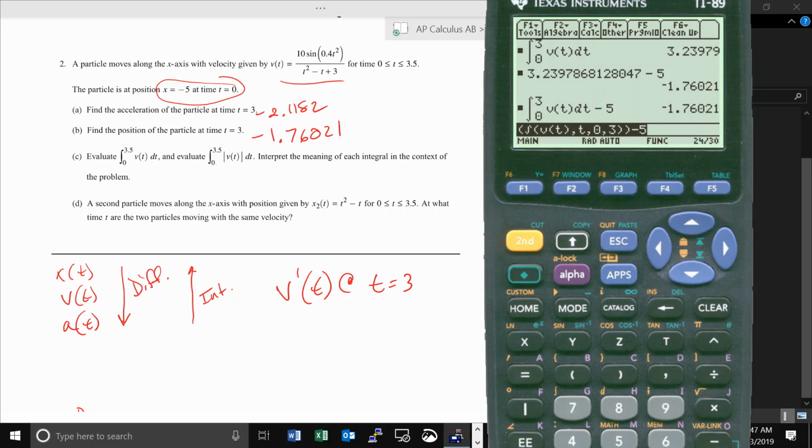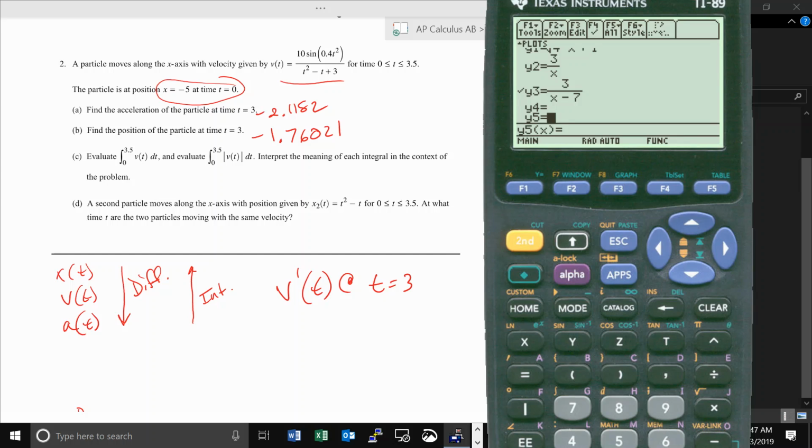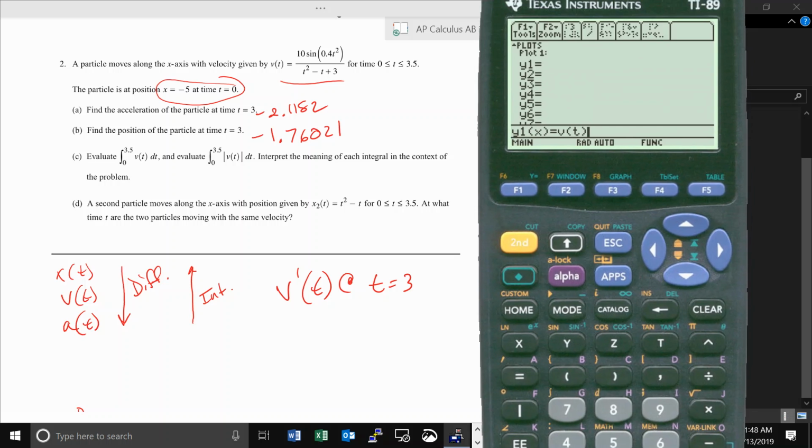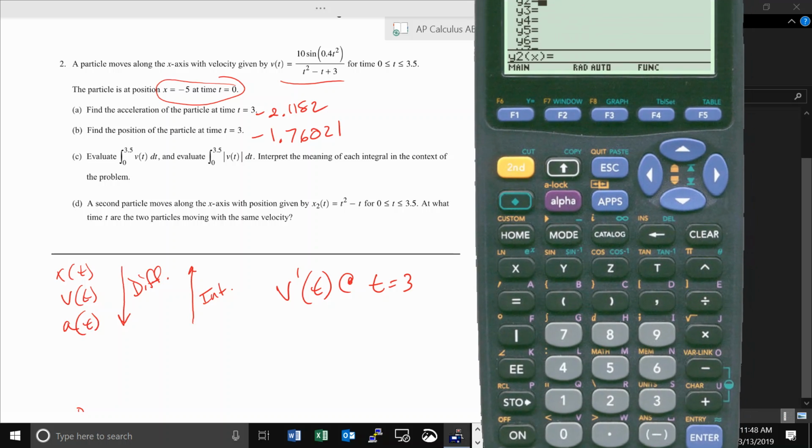I want to use Desmos, but I'm going to try this. Green diamond F1. Let's clear, and I'm going to let my function be v of t. See if that works. Enter.